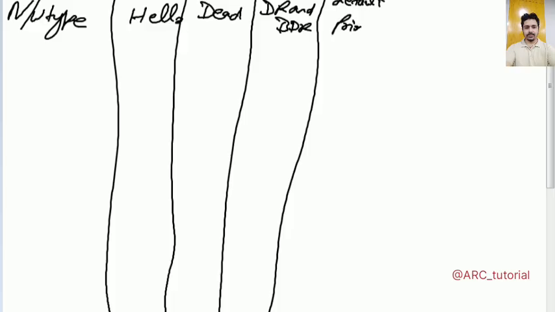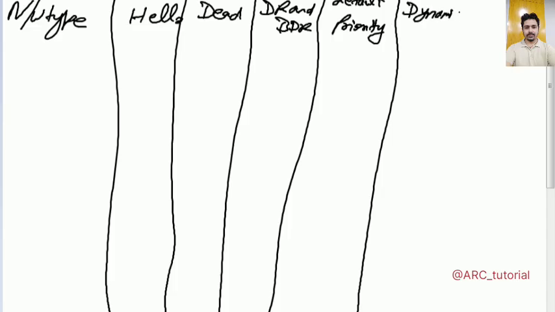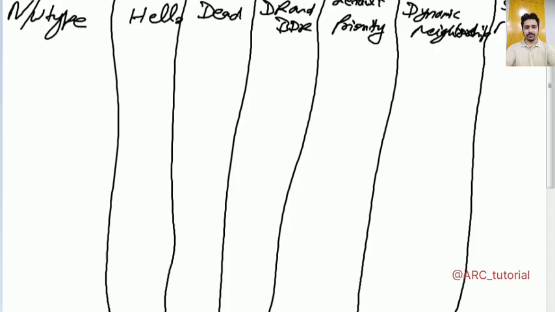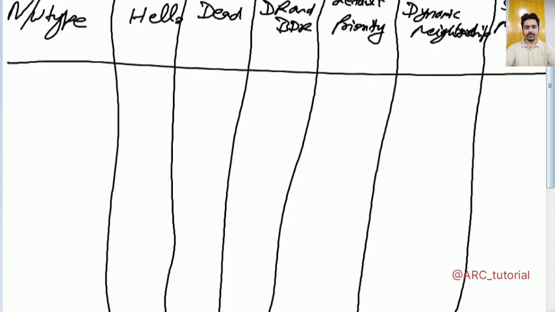Default priority. Dynamic neighborship. I mean, neighborship can come up dynamically, right? And finally, will it be possible for you to configure neighborship statically? So static neighbor. So all these options are there. So as per network type, I will specify it.